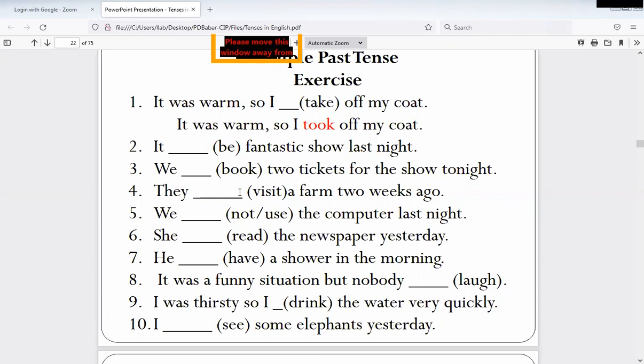Then let's move towards the seventh example: he (have) a shower in the morning.